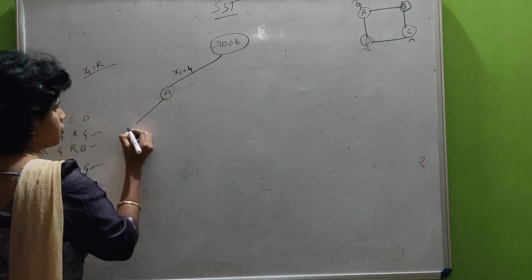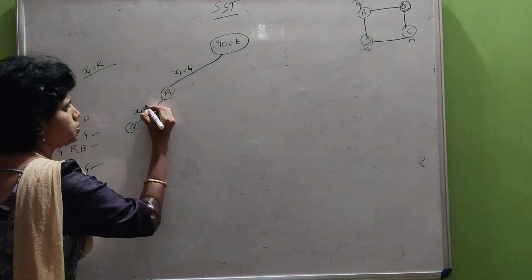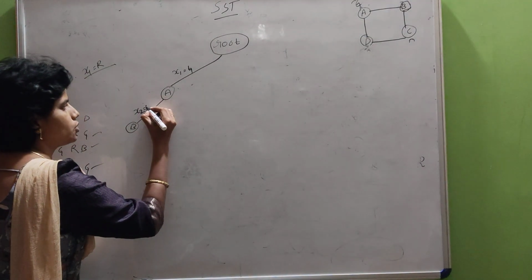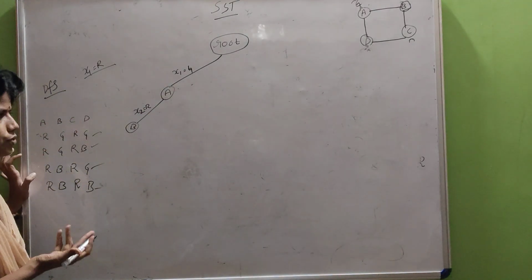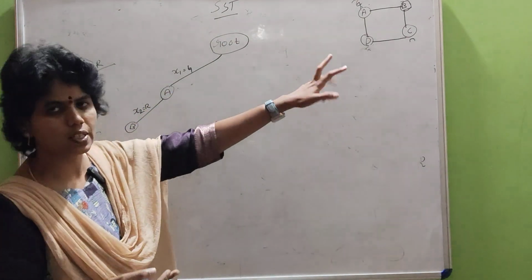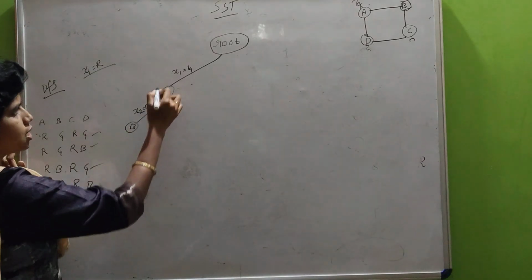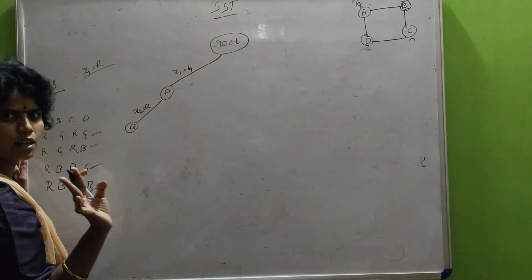Now from A you have different possibilities for B. That is x2 is equal to red. Is that accepted? Yes. Since A is green and B is red and they are adjacent vertices, it's accepted. Since green and red are not the same, adjacent vertices shouldn't have the same color. That is your primary motto, right? So it is accepted.